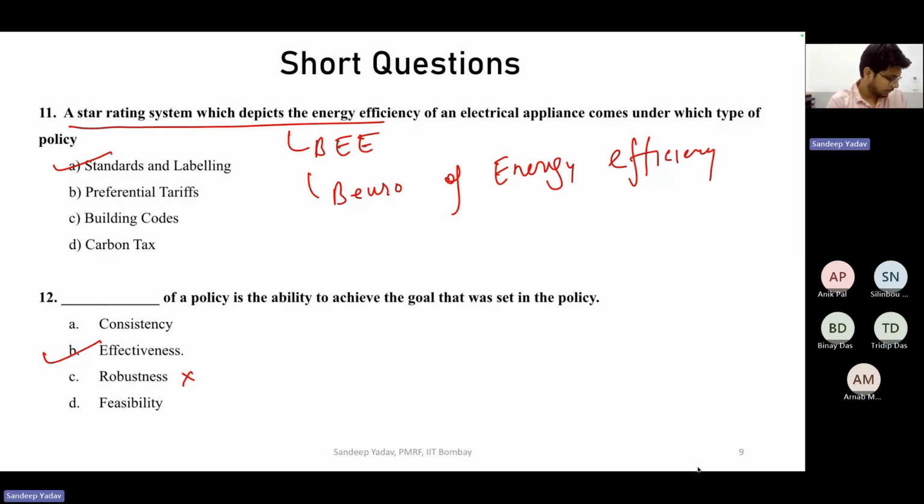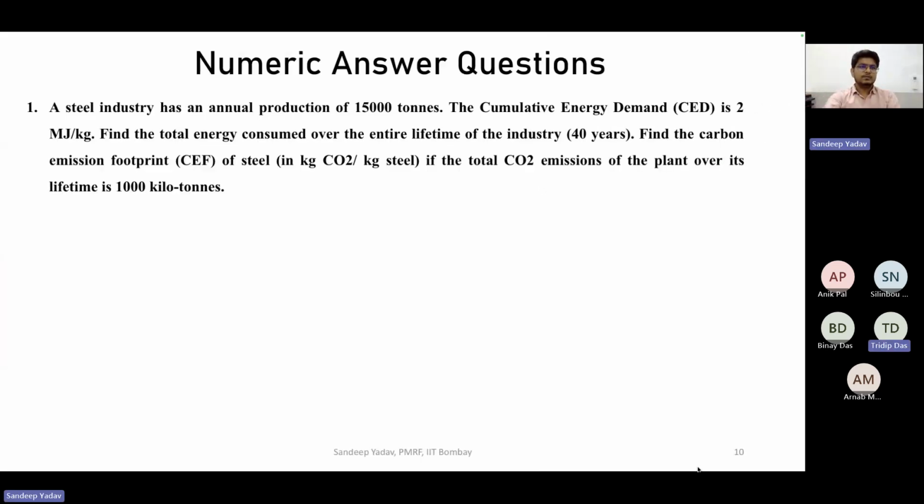Otherwise, we'll move ahead with the short answer type of questions. Let's see the first question.